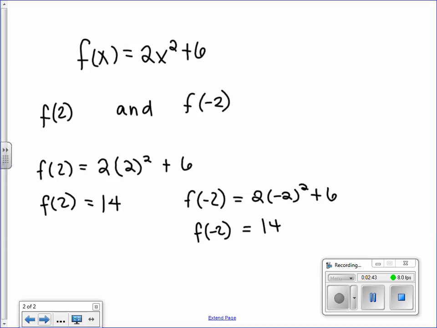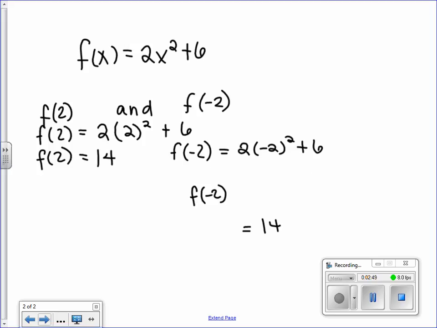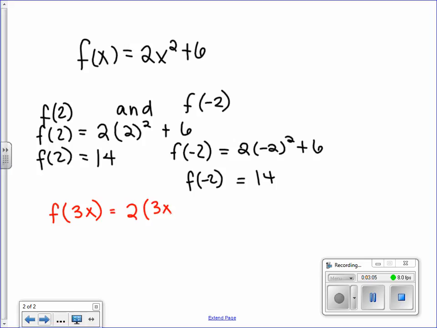Oh, and you can also do this with variables too. Let's say you want to find f of 3x. We have 2 times 3x squared plus 6.